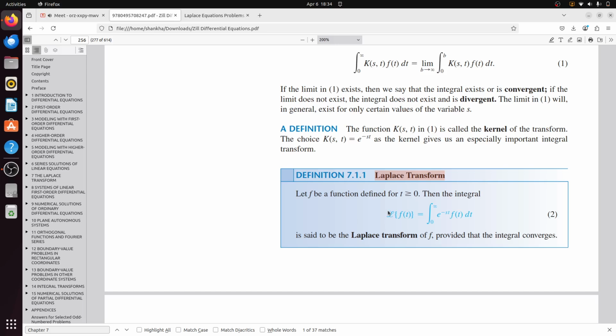So the Laplace transformation of a function f(t) is the integration from 0 to infinity of e to the power minus st f(t) dt.